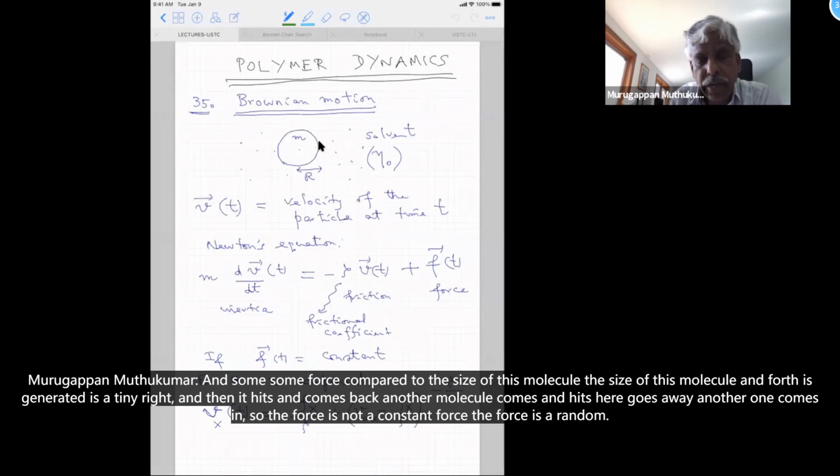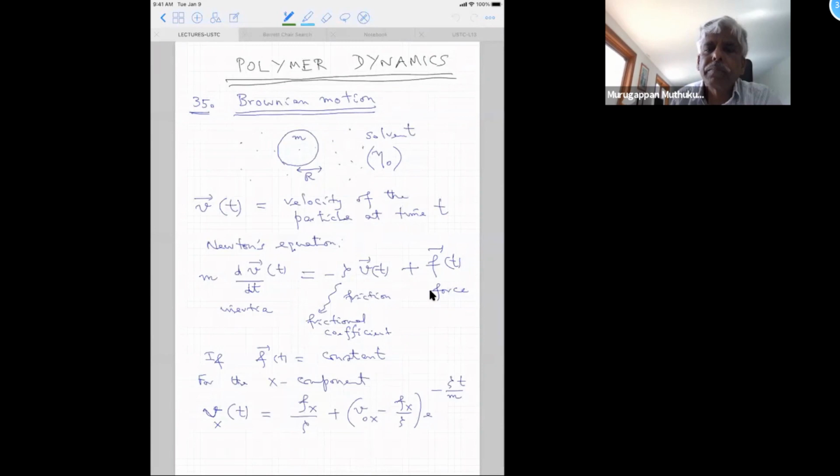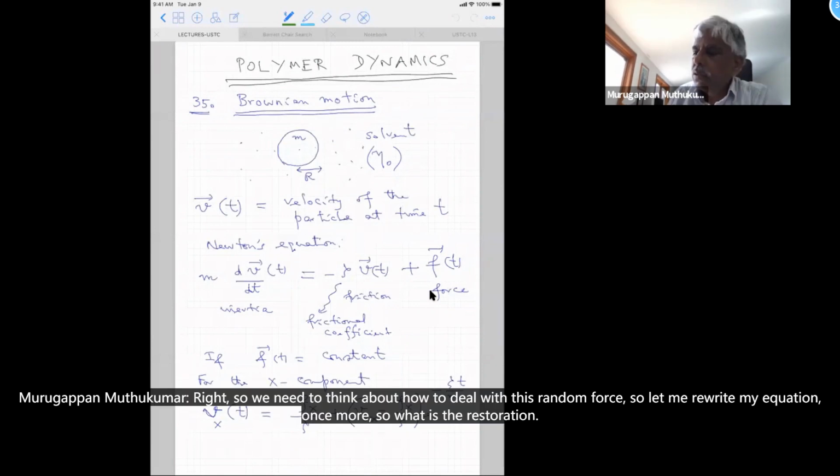Then it hits and comes back. Another molecule comes and hits here, goes away. Another one comes and hits it. So the force is not a constant force. The force is random. So we need to think about how to deal with this random force.